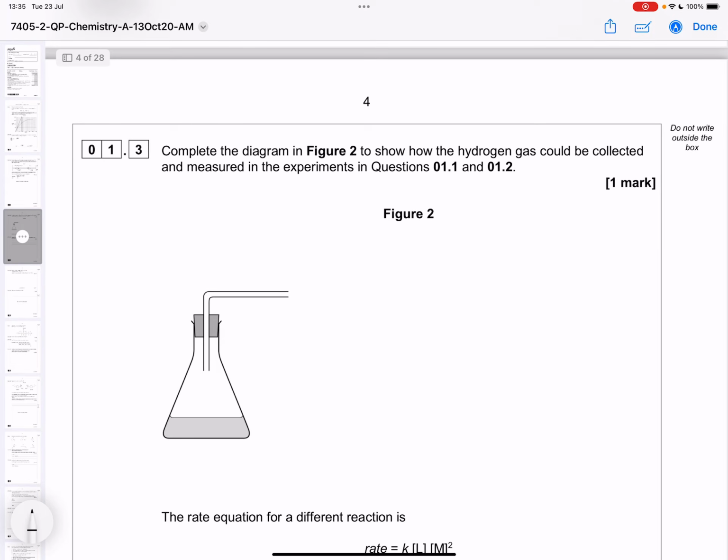Complete the diagram in Figure 2 to show how hydrogen could be collected. So the best way to do this would be with a gas syringe. So we need to draw a syringe. Remembering that a syringe is a jacketed piece of apparatus in that there's the syringe casing, and then the plunger sits inside that syringe casing, very tightly though, so that air isn't escaping.